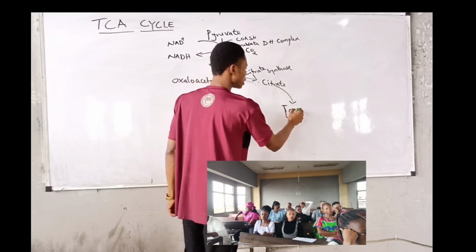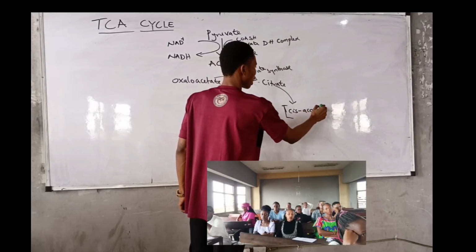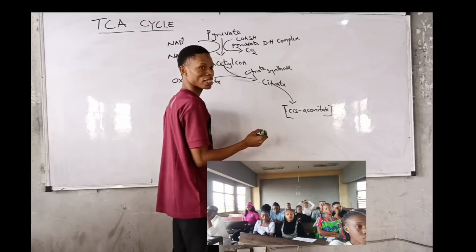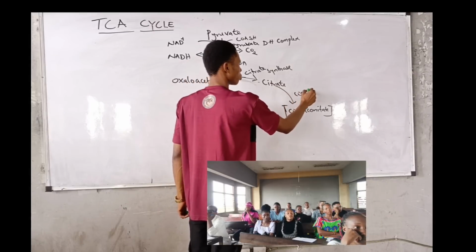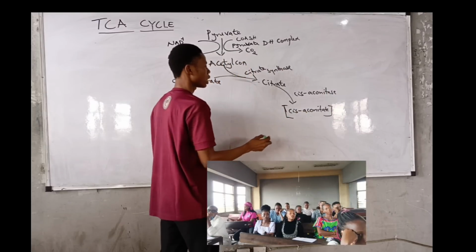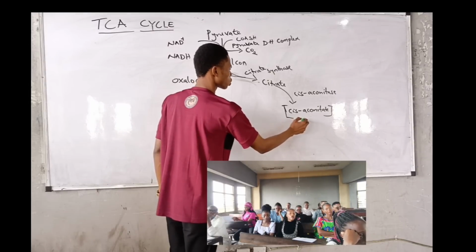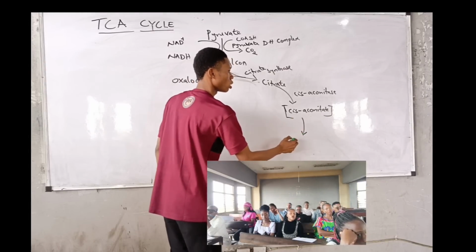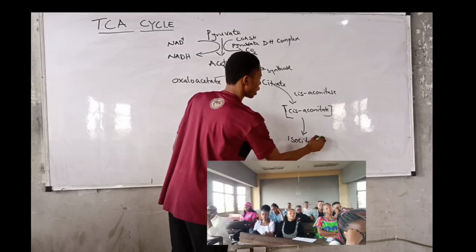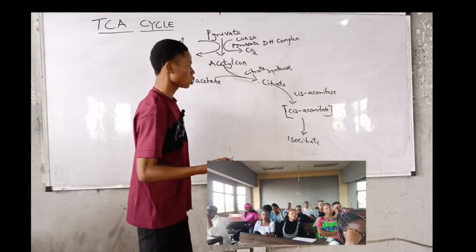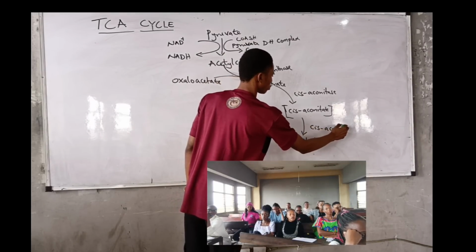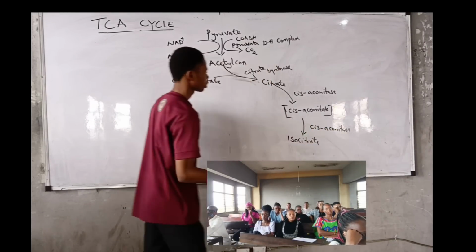Now from citrate, we said, to the transient intermediate cis aconitate. And the enzyme catalyzing that is aconitase. Now from cis aconitate to isocitrate, and the enzyme catalyzing this reaction is still aconitase.